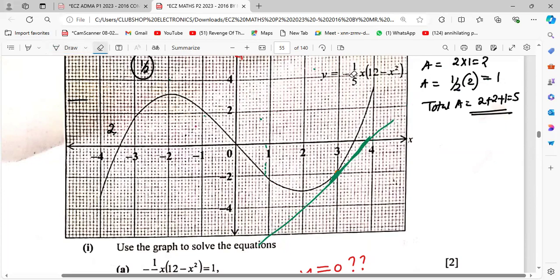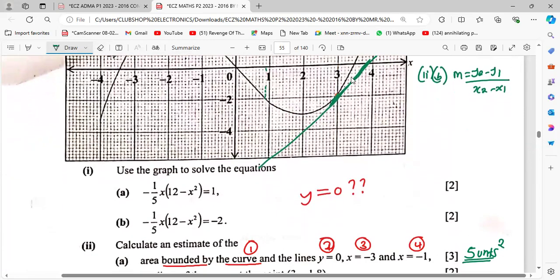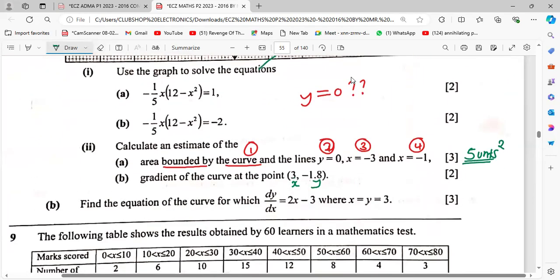Yes. Then to find the gradient, this is Roman numeral 2, part B. Find the gradient, we said y2 minus y1 divided by x2 minus x1. We are going to explain this. In order for us to come up with y2, y1, x2, x1, we need 2 points.